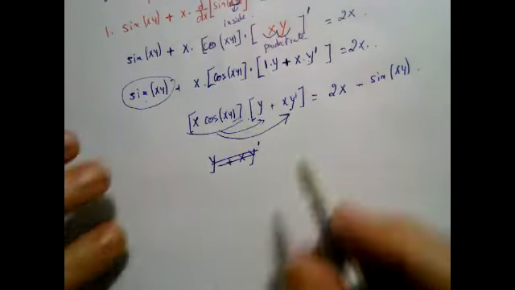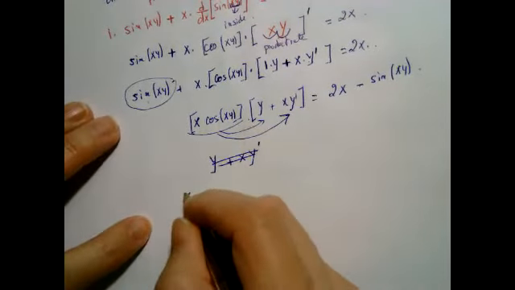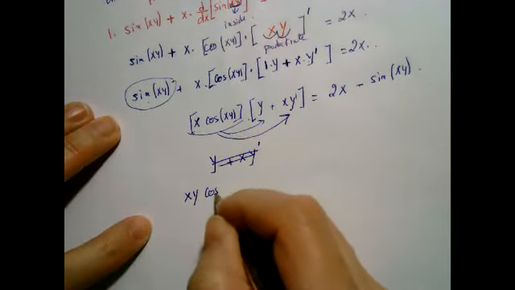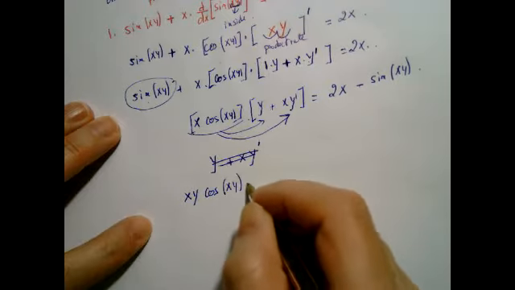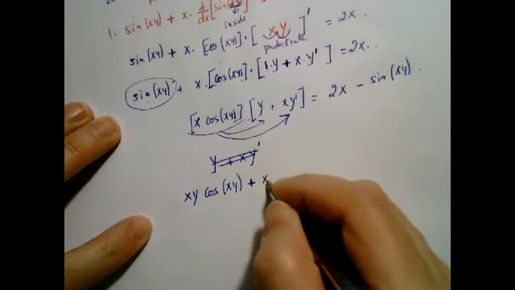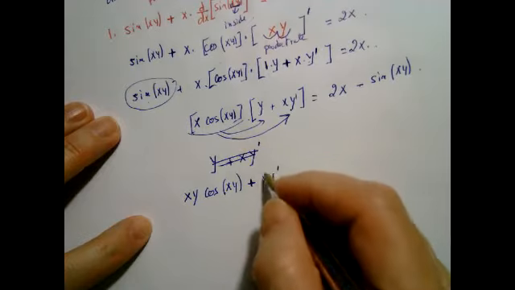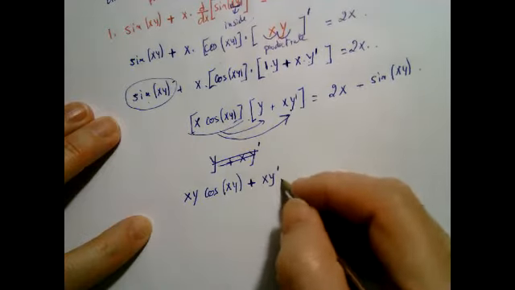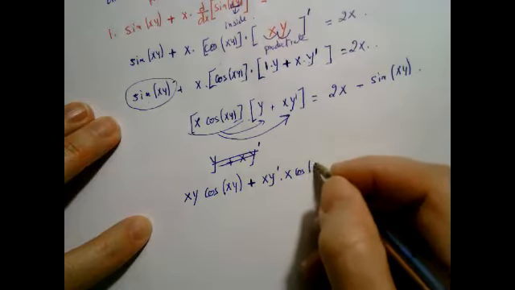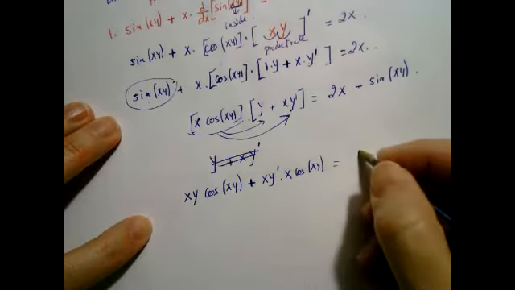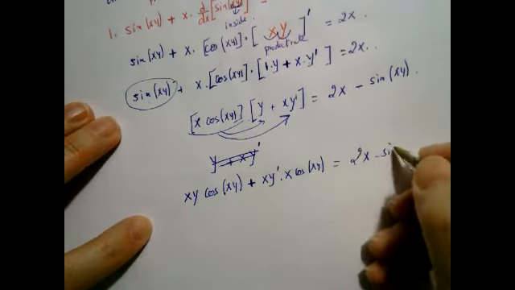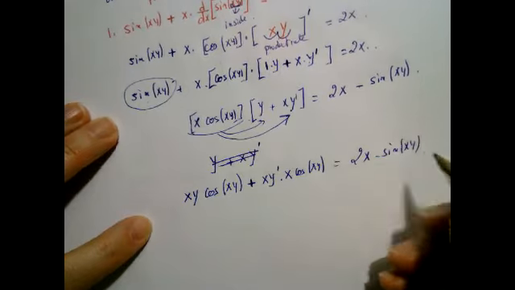This would make the math a bit easier. So I'm going to distribute, I will get xy cosine xy plus x y prime times x cosine xy, I know it's x squared, it's 2x minus the sine of xy.